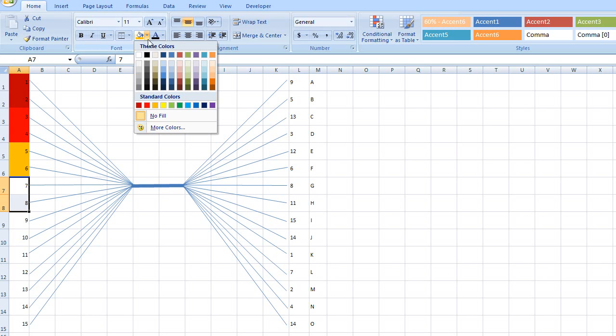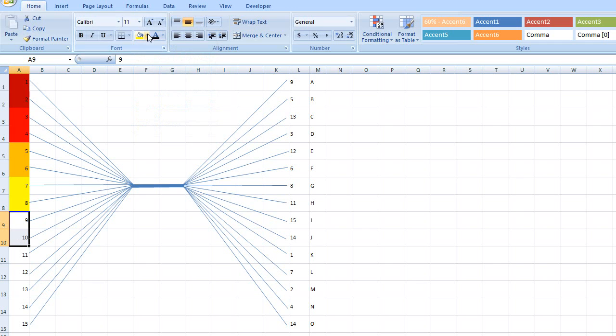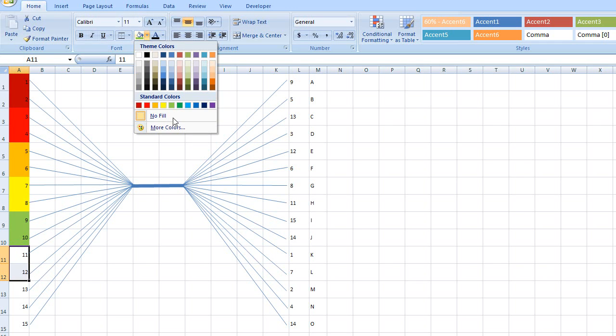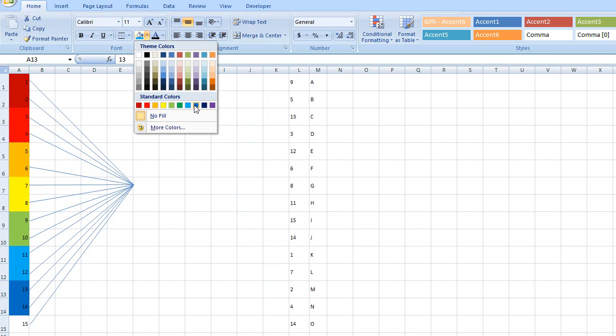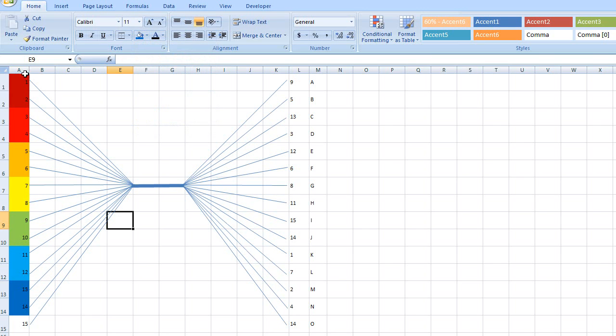This basically represents the pairs that he's made on the left-hand side. So let's assume that he's paired them like so.